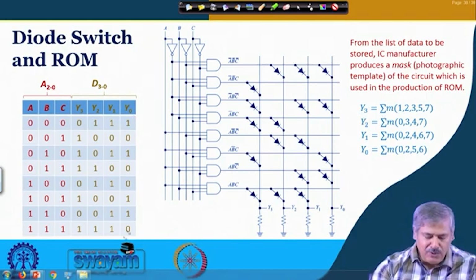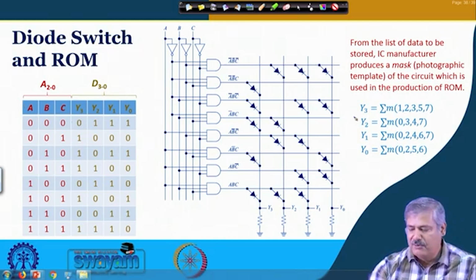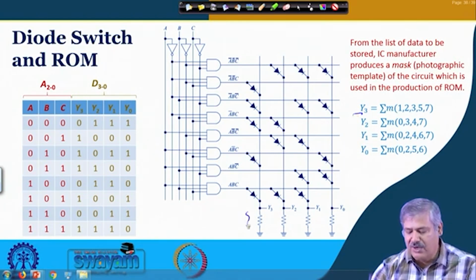If you look at the whole of it, earlier we were looking at each individual location. Now, if you look at all the columns put together for this particular Y3, the way we had seen in our earlier decoder OR arrangement, where specifically an OR gate is put, here we are not putting any OR gate, just a resistance is there, but it is giving an equivalent representation, and that is what?